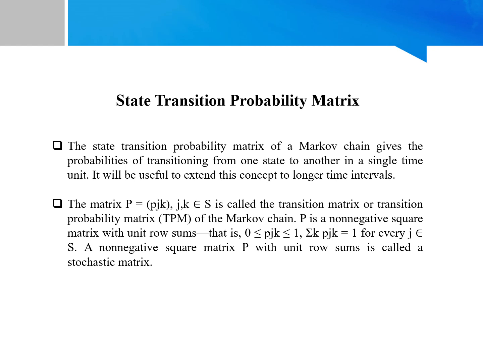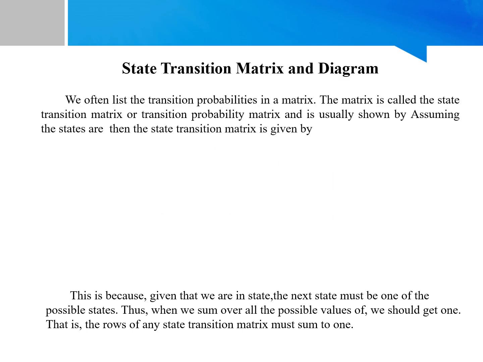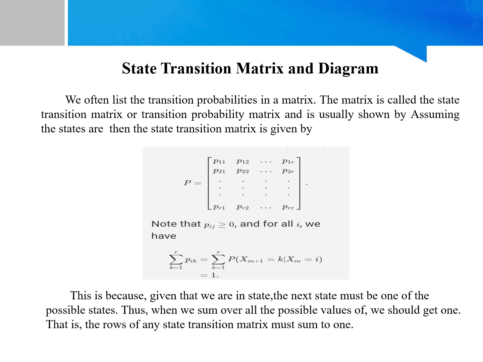The matrix P equal to P_jk, the probabilities, is called the transition matrix or transition probability matrix of the Markov chain, where the sum of the probabilities in each row will be equal to 1.